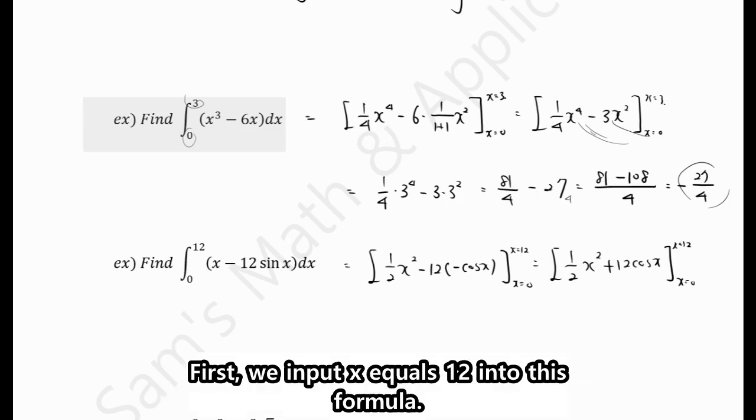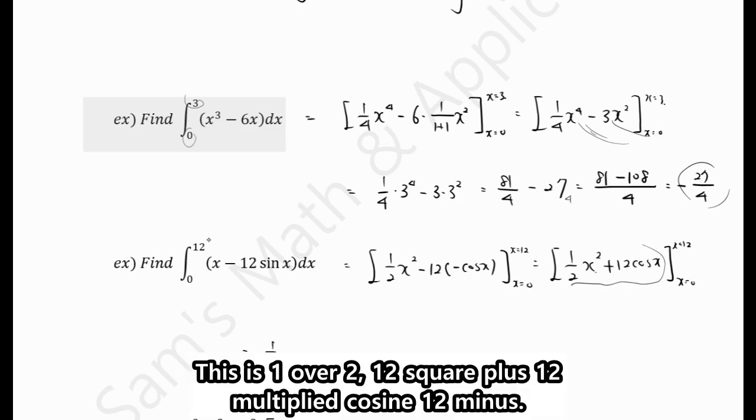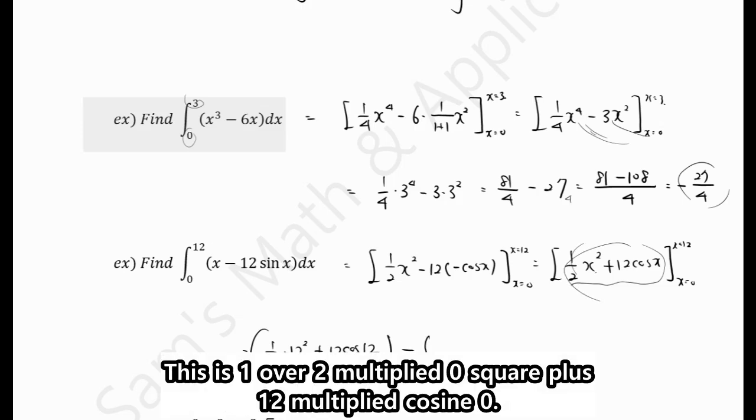Firstly, we input x equals 12 into this formula. This is 1 over 2 times 12 squared plus 12 multiplied by cosine 12, minus the result when we input 0 into this formula. This is 1 over 2 multiplied by 0 squared plus 12 multiplied by cosine 0.